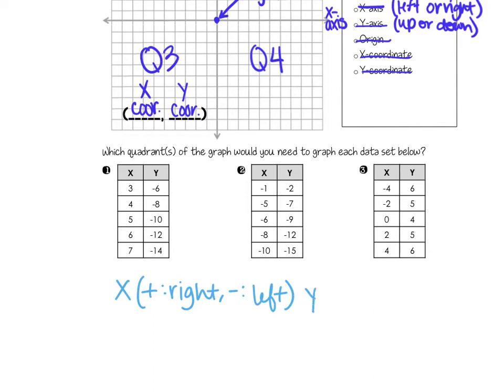What about y values, if it's positive, do we go up or down? Up. Which one sounds positive? Thumbs up would be positive, thumbs down would be negative, right? Negative, we go down. So if you forget, check that.